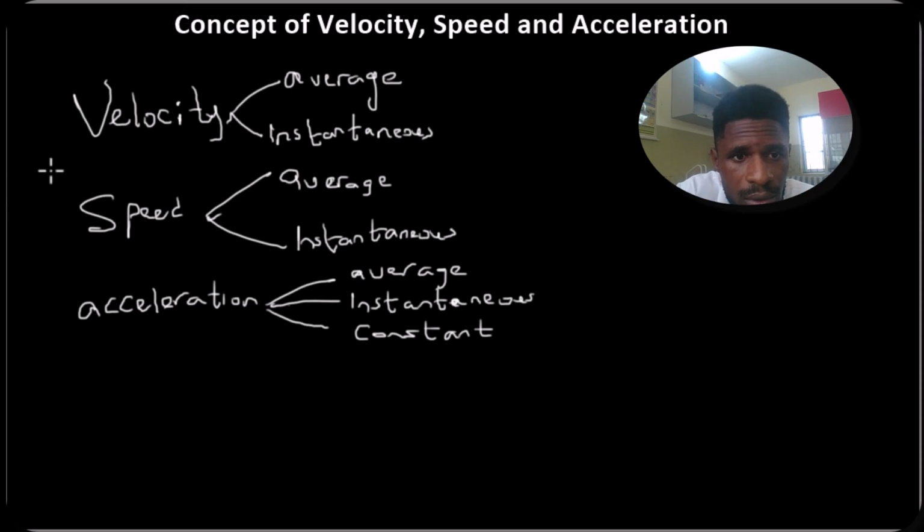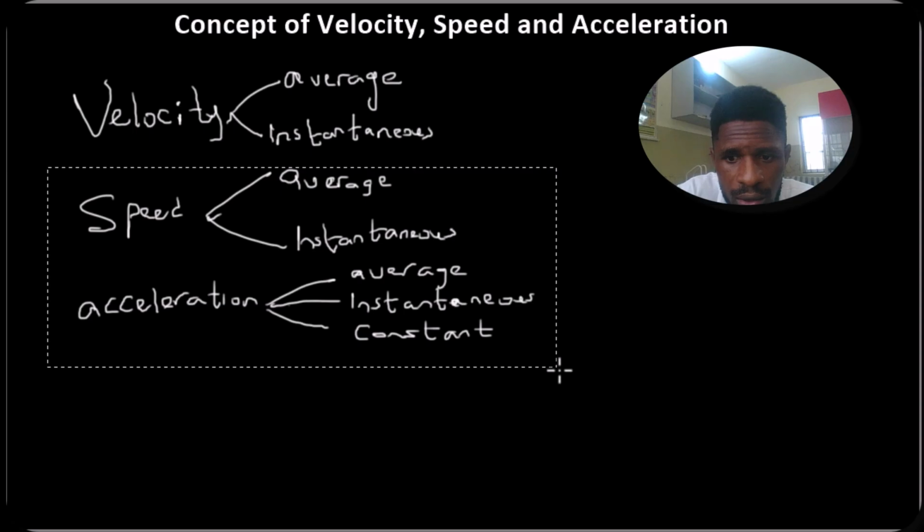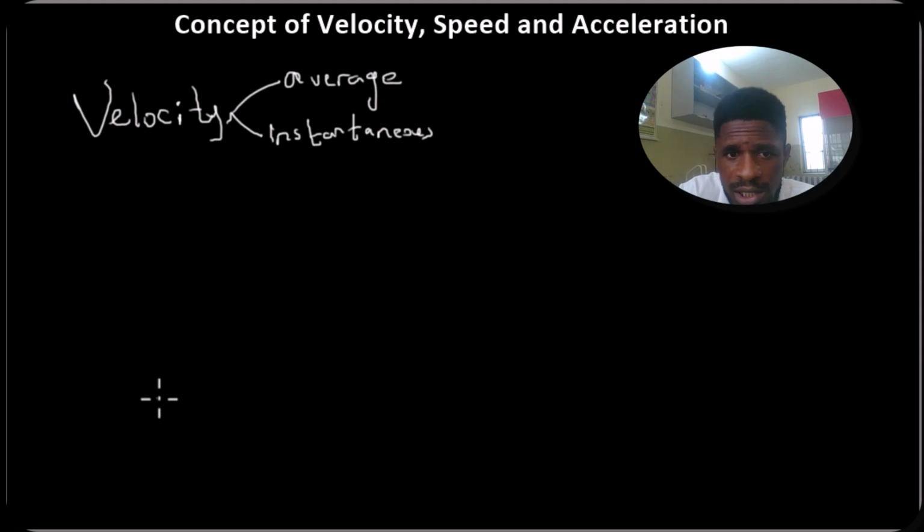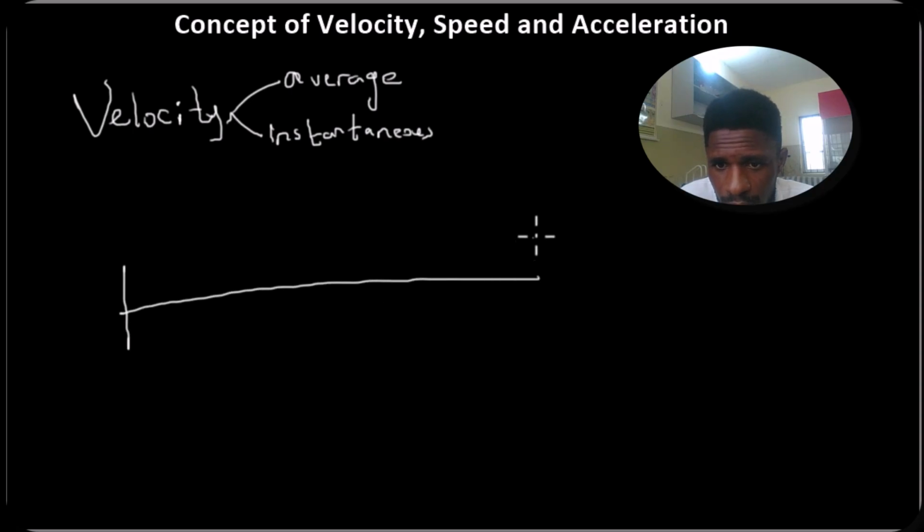So velocity, the first one we're looking at is average velocity. But what is velocity itself? Remember, when we were talking about displacement, let's say we have a number line like this, and then I have a car at this point. Let me call this point my x initial, and then my car is moving this way.